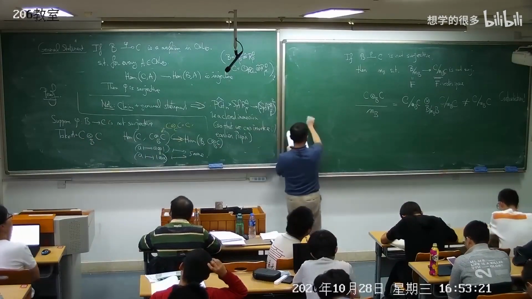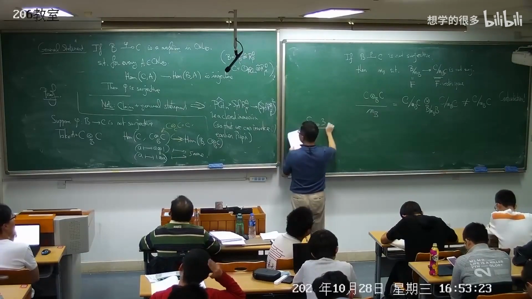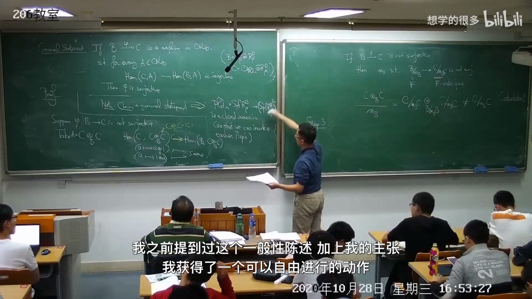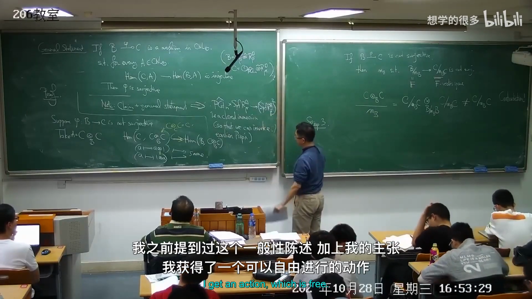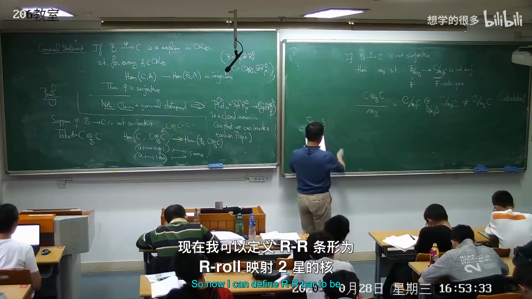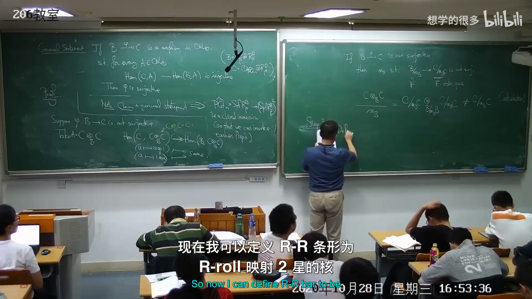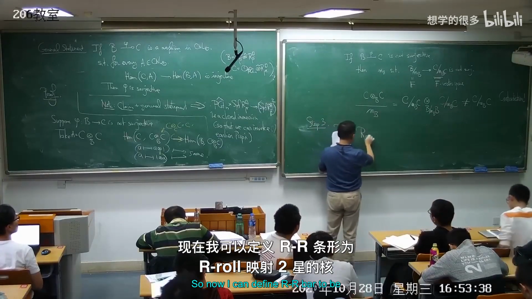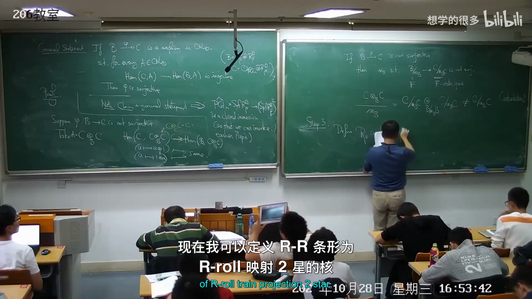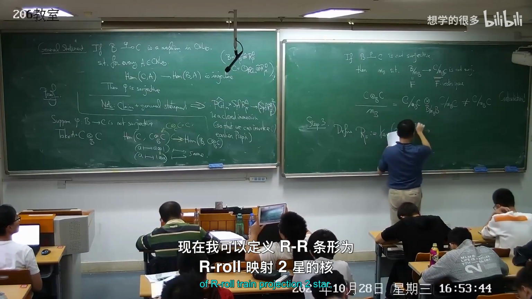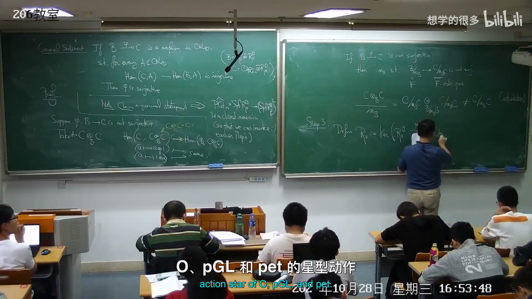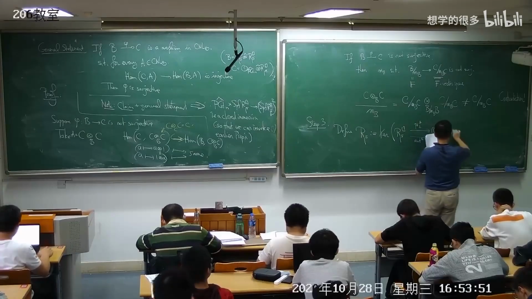Okay, so step 3. As I said, that general statement plus the claim earlier gives me an action which is free. So now I can invoke the quotients. I can define R rho bar to be the kernel of R rho framed, projection to the star action star of O, PGL, and hat.